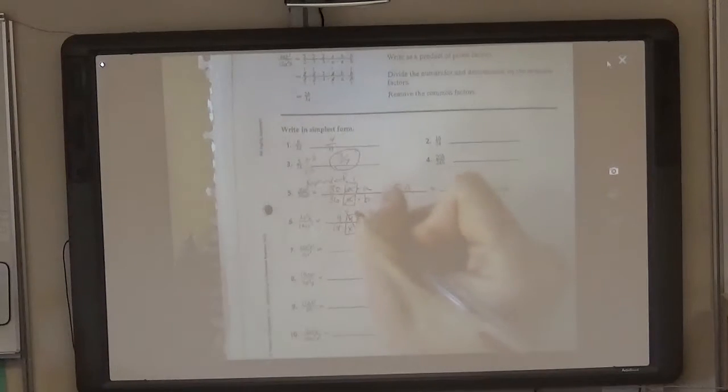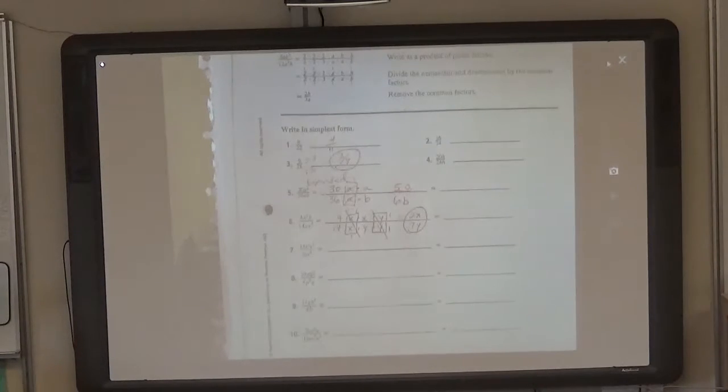Each one of them is 1 over 1. Then reduce 4 and 14 to 2 over 7. And x over y. No, it's not hard at all. Okay?